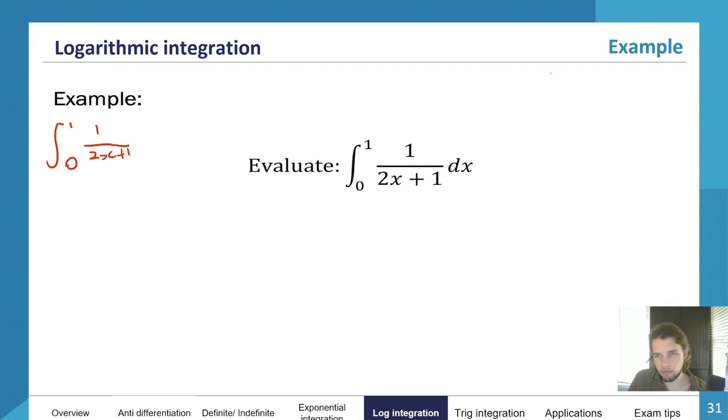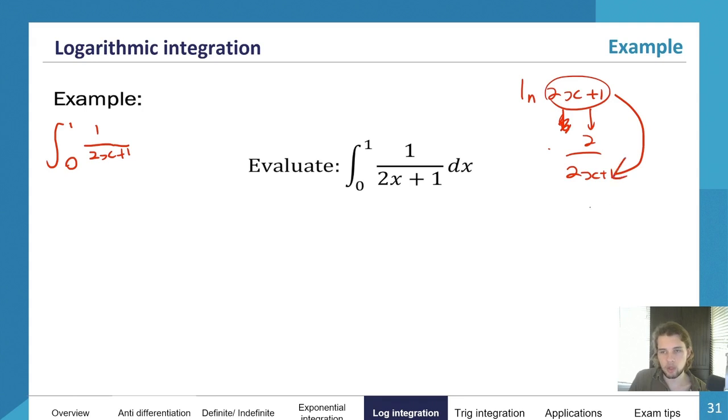If we did have ln(2x plus 1), that would derive down to 2 times 1 over 2x plus 1. Because remember, the differential of what's in here goes on the top. And then what's in here also goes on the bottom.